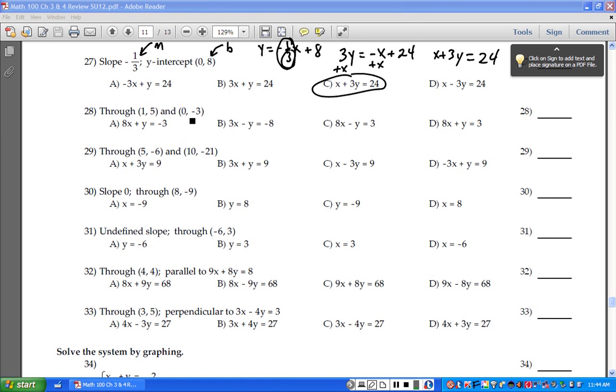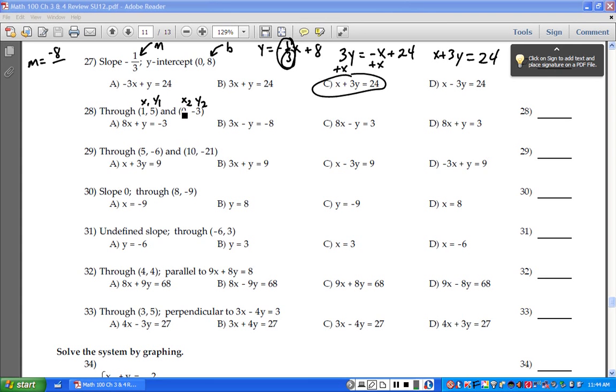28. First we have 2 points now. So first we have to find our slope. And that's our y2 minus y1. So I have x1, y1, x2, y2. So y2 minus y1 gives me a negative 8 on the top.